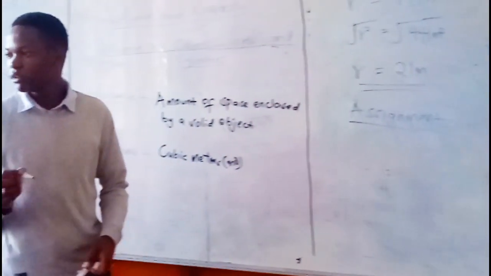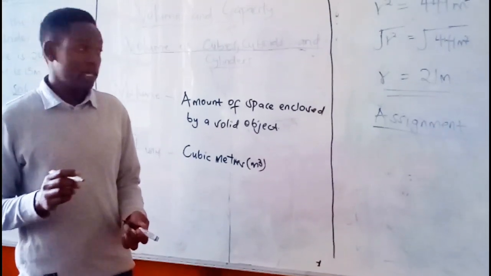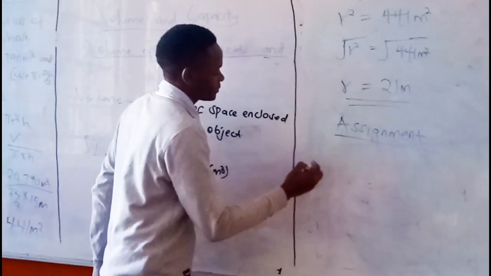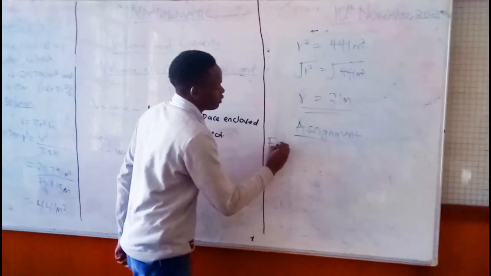First assignment, you should read ahead on the volume of prisms and volume of pyramids. And also, try to calculate this one.